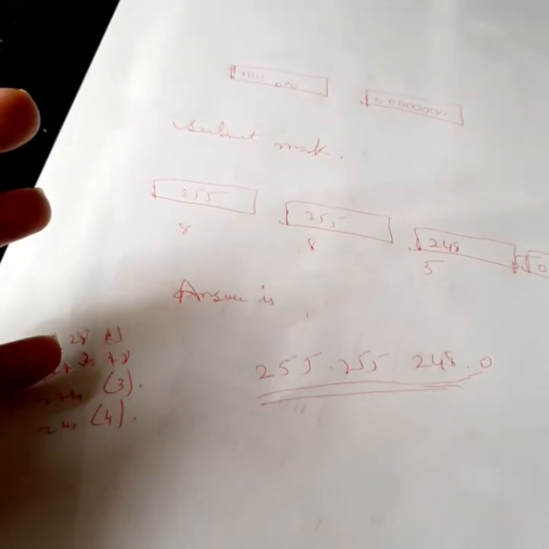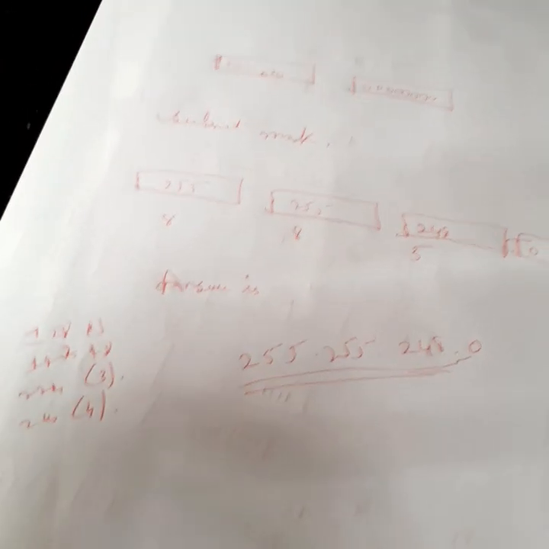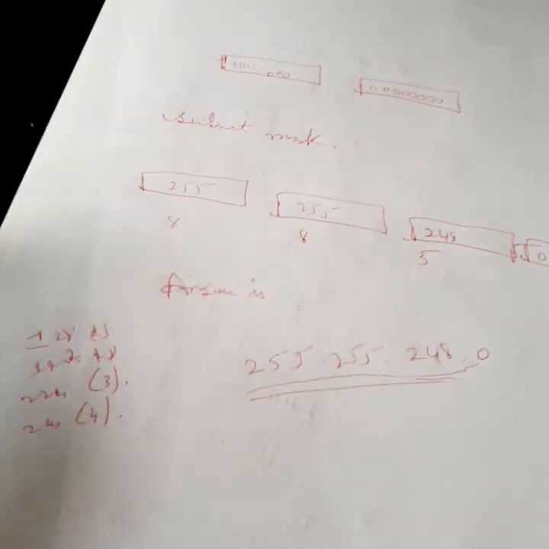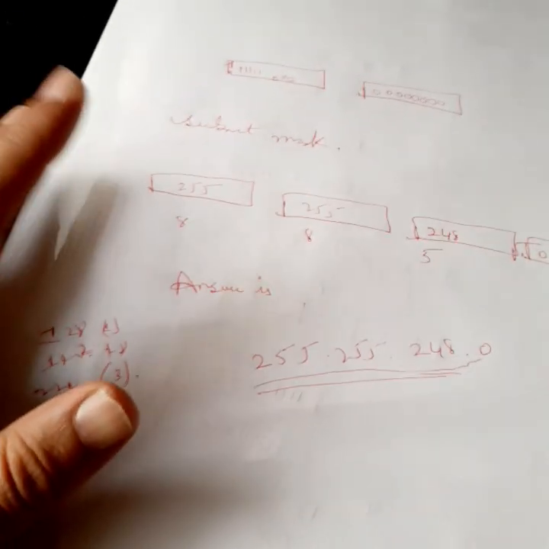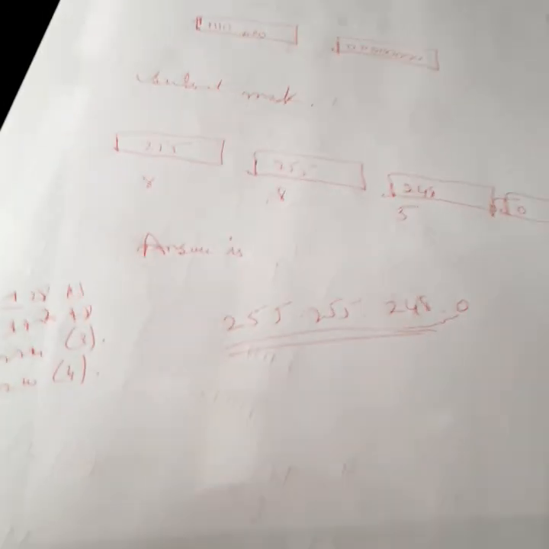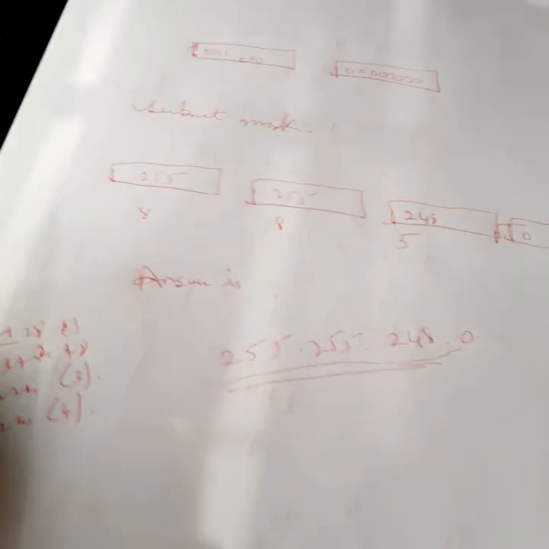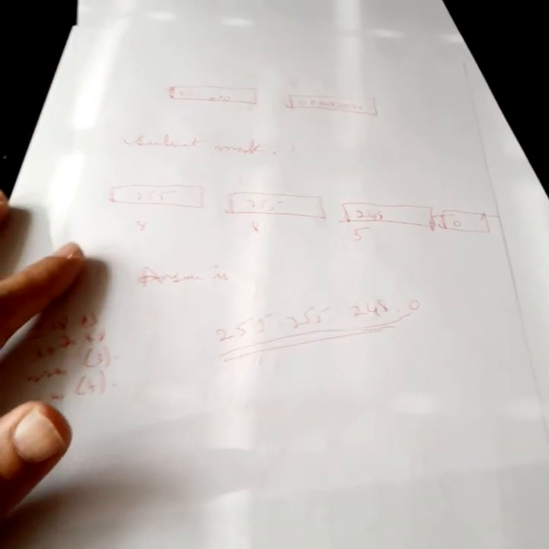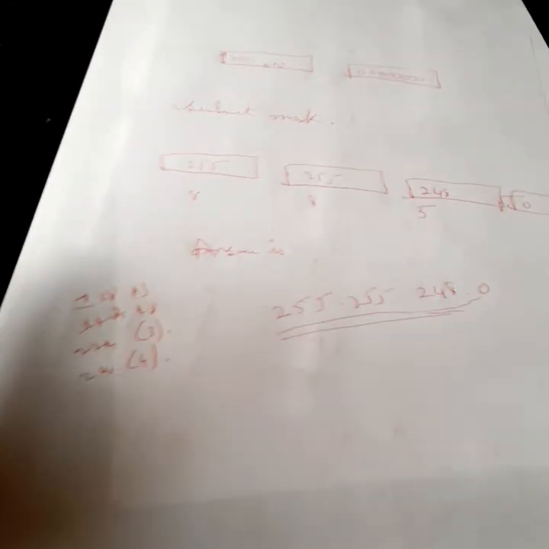It is how to find out valid subnets and how to find out hosts per subnet, and what the formulas for them are. It's 2 to the power n, where n is the number of ones that we have, and for the rest, the zeros, we deduct 2.